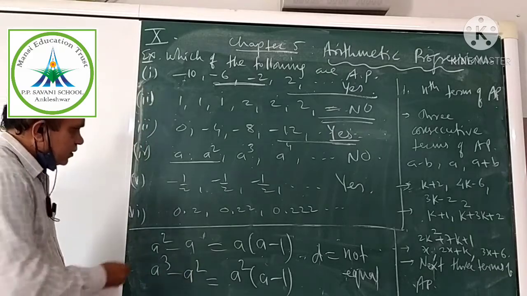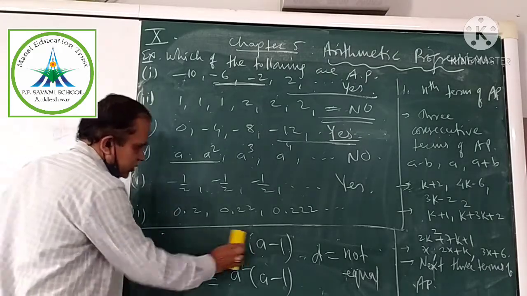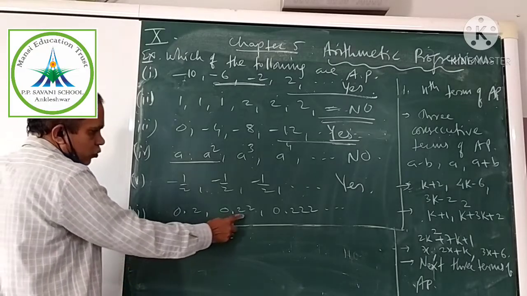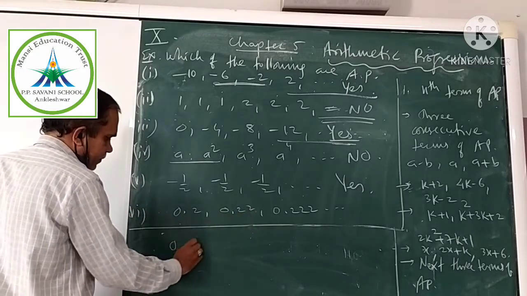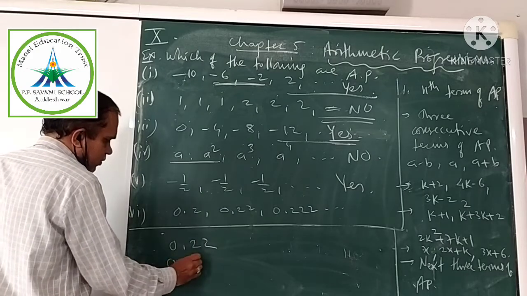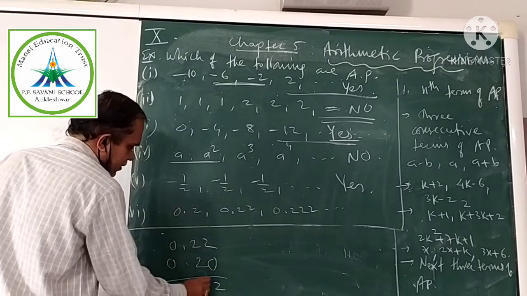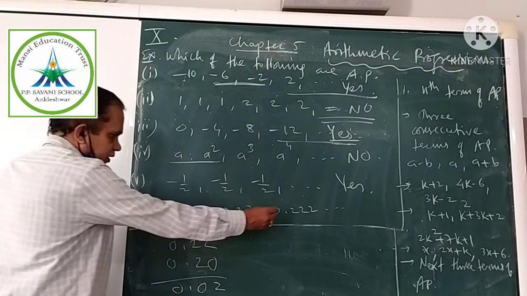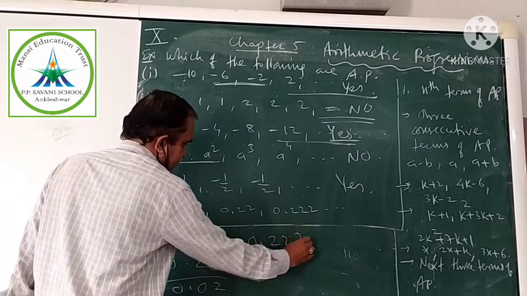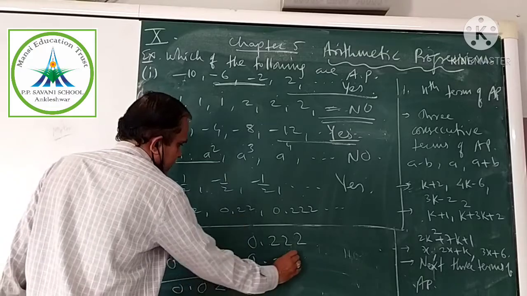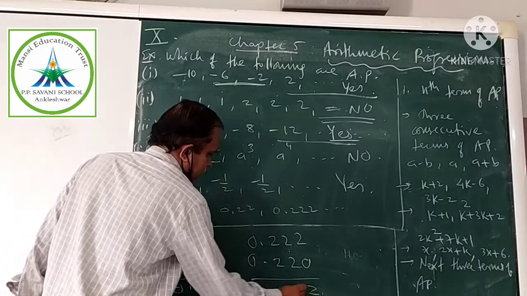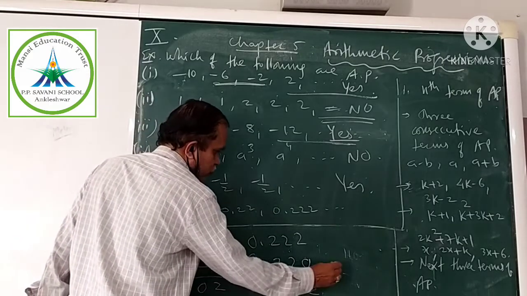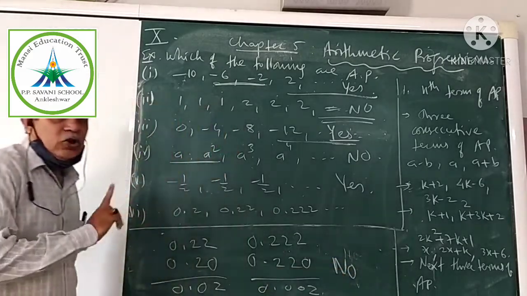Now see the sixth one: 0.2, 0.02, 0.002. Subtract properly, no risk, be very careful while doing it. Again I got 0.2, 0.02, 0.002, so the differences are not equal.